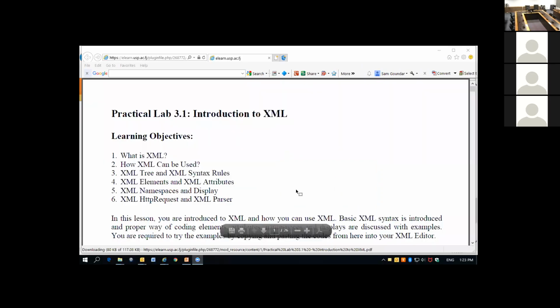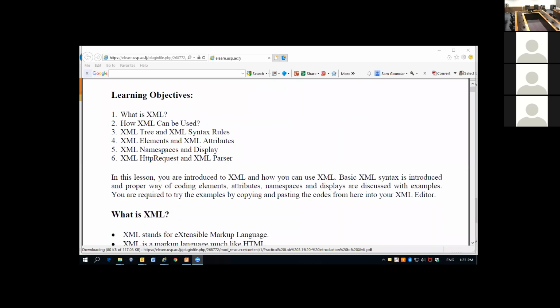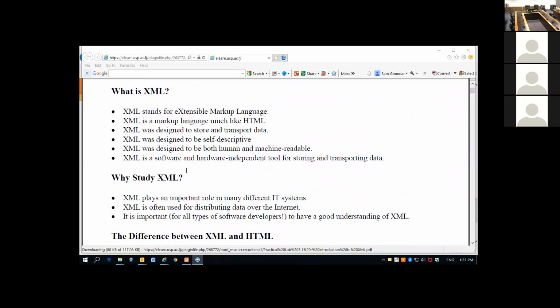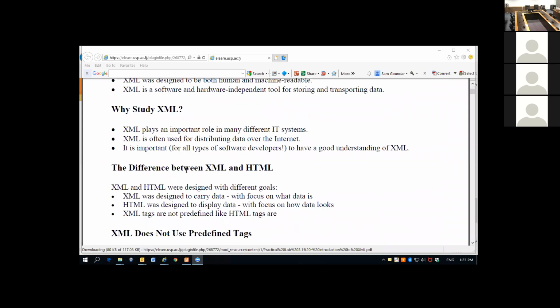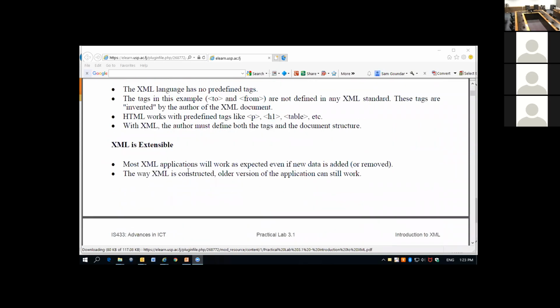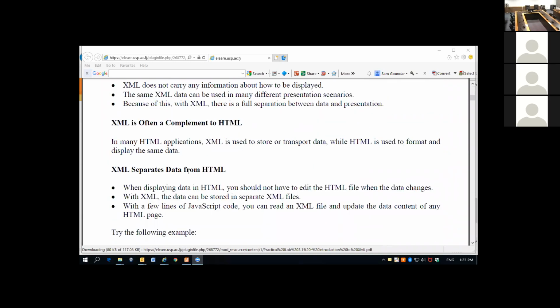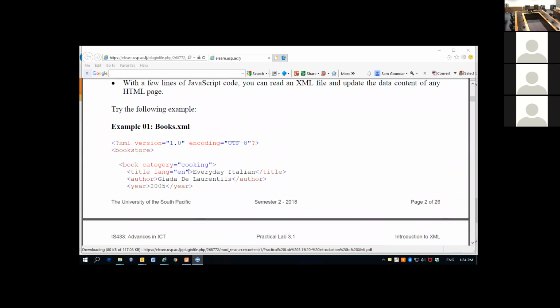Okay, so this one is an introduction to XML. I have done my best to avoid too many words. It's mostly one-line words for easy understanding, and a lot of code. So when you go down, there will be examples which I want you to try.